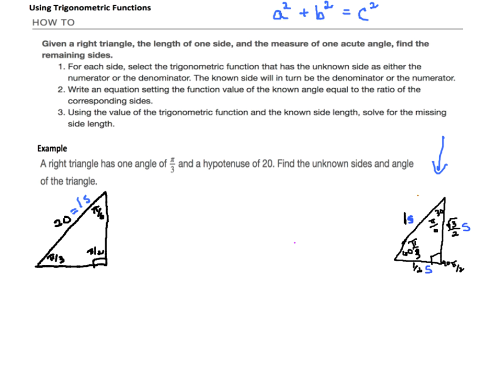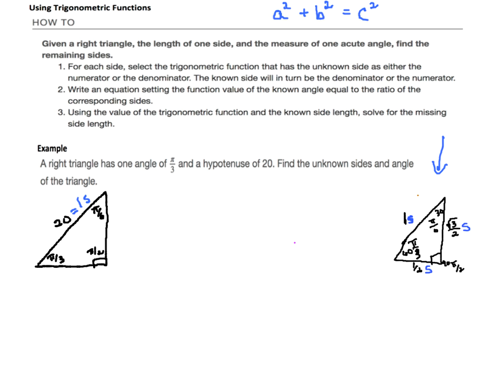So we have to use this information to figure out the other sides, and we already have the other angles of the triangle because we know that pi over 3 goes with pi over 6 with the 30, 60, 90 triangle.